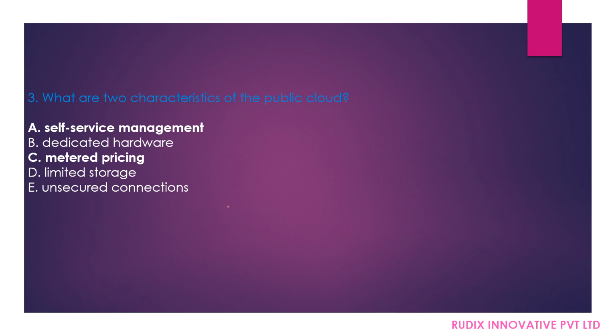Limited storage. It provides vast amounts of scalable storage options, allowing customers to store large volumes of data. Coming to E, unsecured connection. It provides security and offers various tools and features to ensure secure connections and data protection.